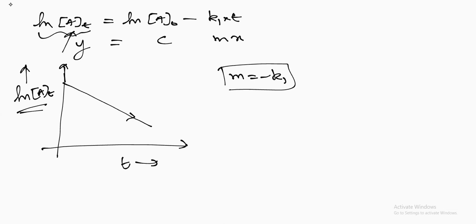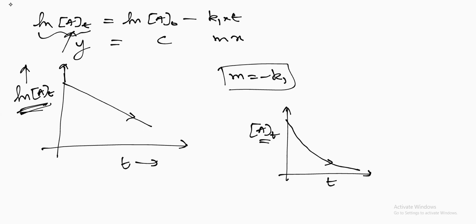Is this clear, students? Any doubt? If you plot A versus t, what type of graph we'll get for first order? See the difference, students. Note the difference carefully. If I plot A versus t, I'll get exponential decrease. If I plot ln A versus t, I'll get a straight line with a negative slope.